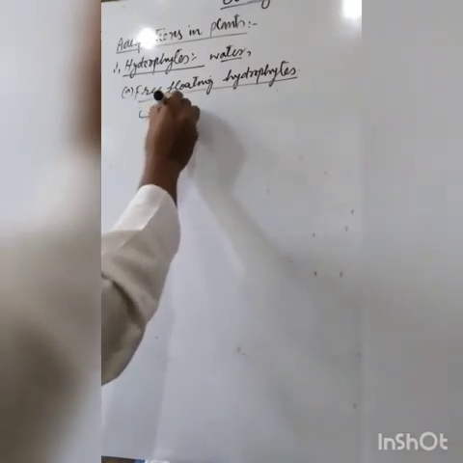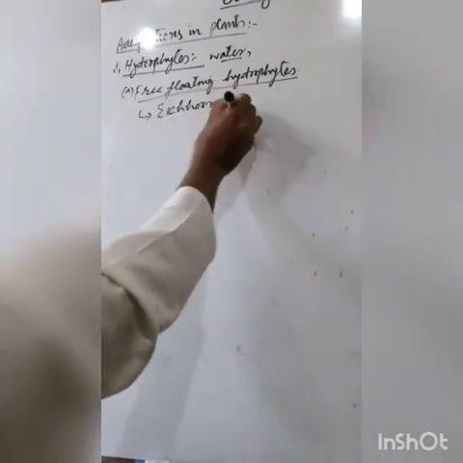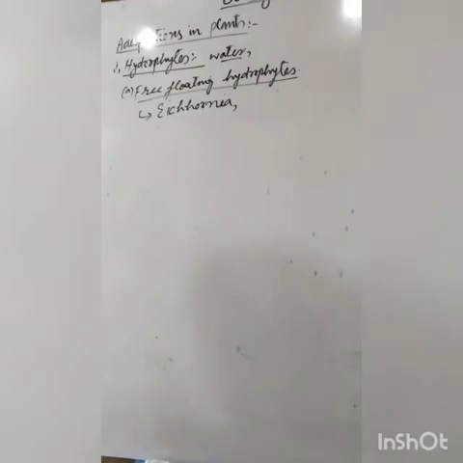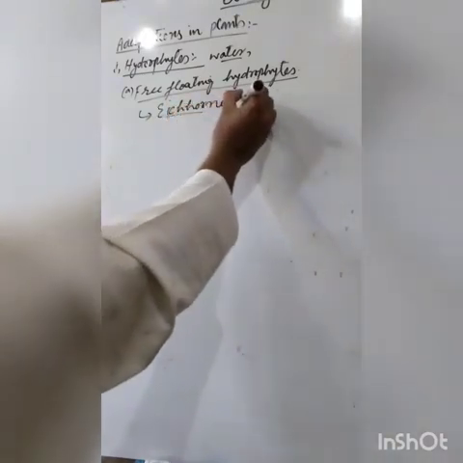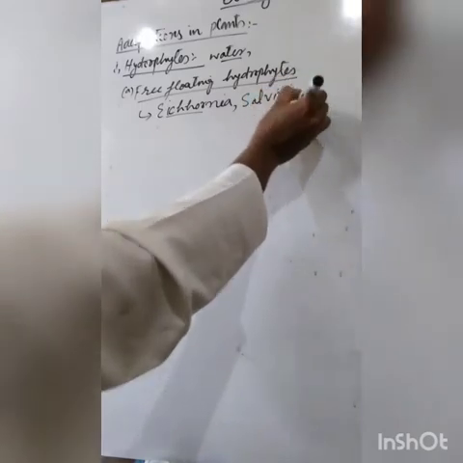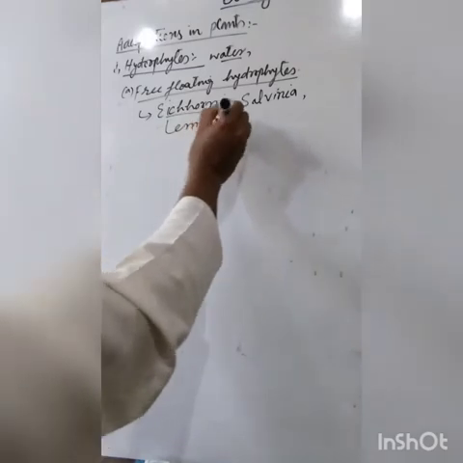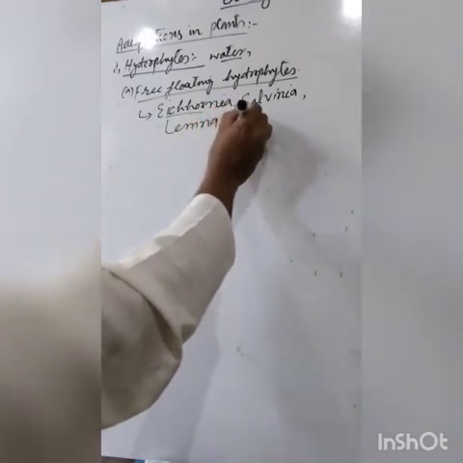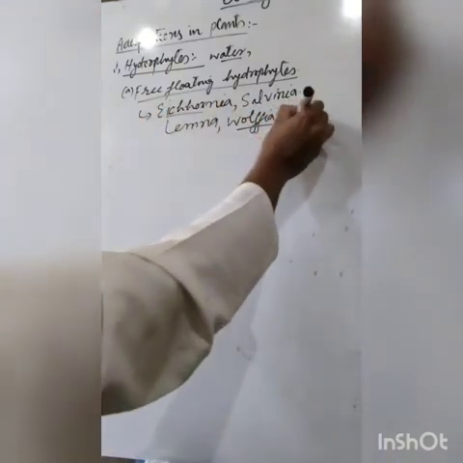There is one, that is Eichhornia. It has roots, but it floats on the surface of water. There is a fern that is called Salvinia. There is another, Lemna. It also has ill-developed roots. There is another, Wolffia, the smallest angiosperm. Another fern is Azolla.